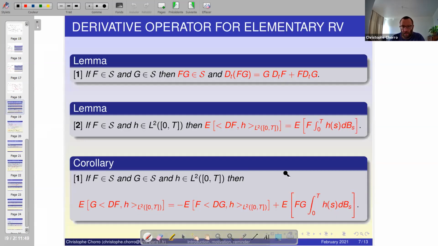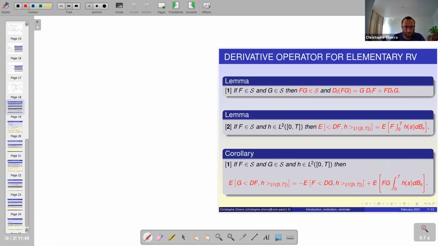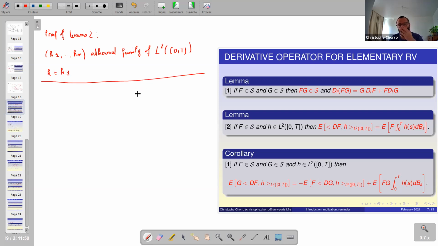Now I am in the proof of Lemma 2, with the hypothesis that H1 to Hn is an orthonormal family of L2 of 0 to capital T, and such that H is equal to H1. And I want to do the proof.